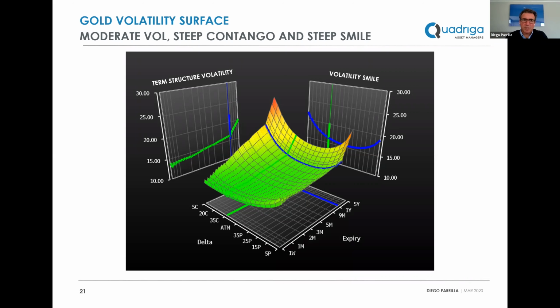something outside. And when you run cross sections, as we did here, on the left-hand side you see basically a cross section of what the volatility looks like over time, and you see that in the gold market we're looking at a contango market. So the implied volatility increases over time.